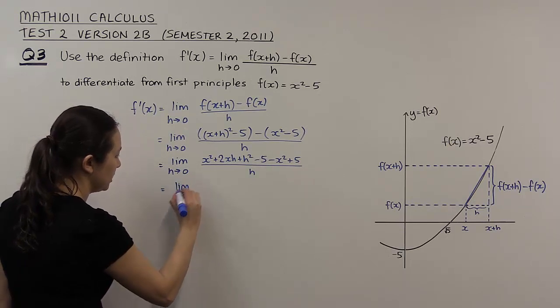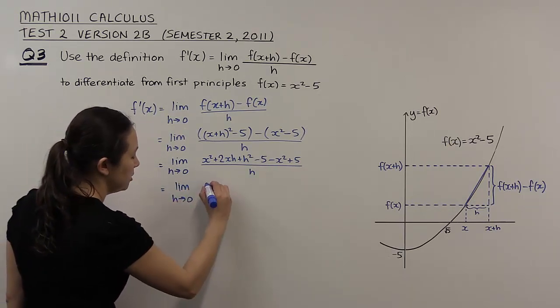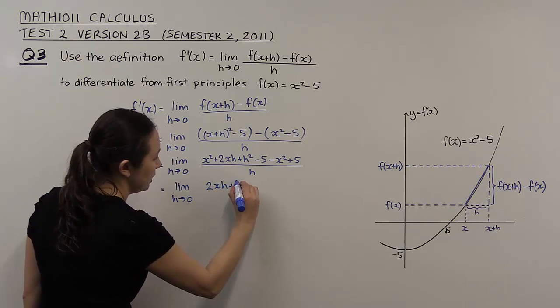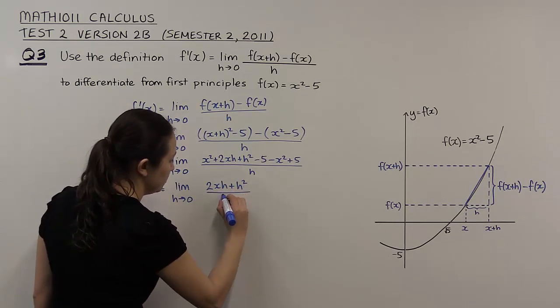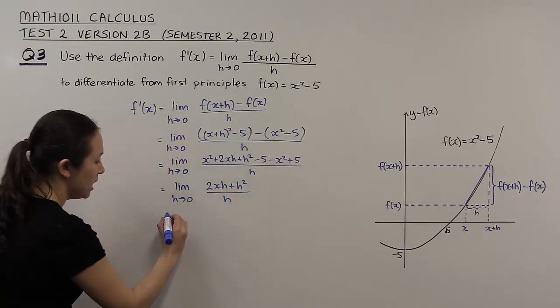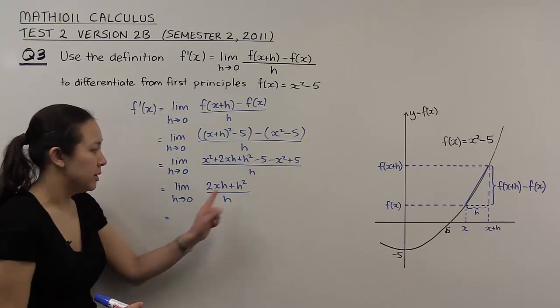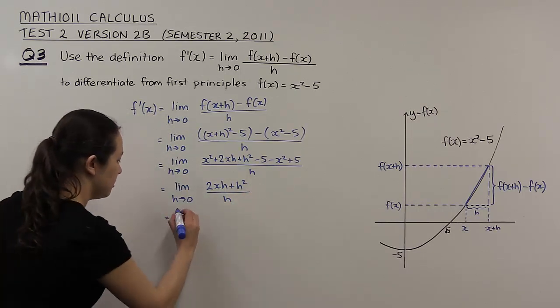So we end up with the limit as h approaches 0 of 2xh plus h squared divided by h.